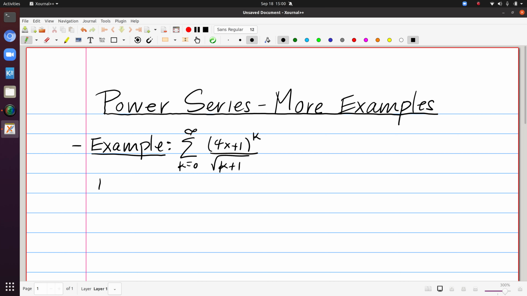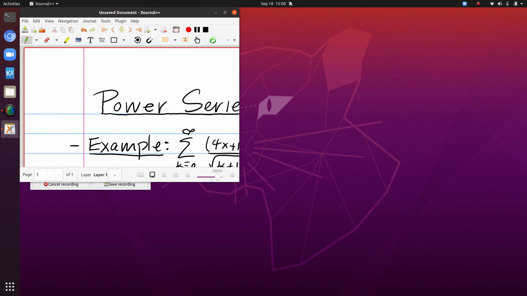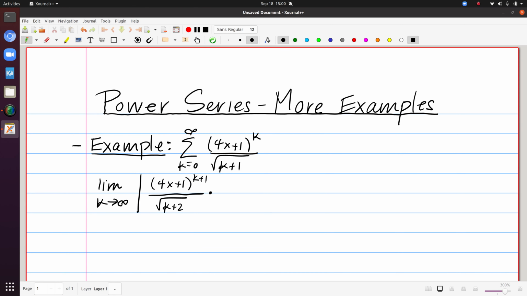So to begin, I would want to use the ratio test on this series. So I would take the limit as k approaches infinity of (4x plus 1) raised to the k plus first power divided by the square root of k plus 2. And then I would multiply by the reciprocal of the kth term, giving me square root of k plus 1 divided by (4x plus 1) raised to the k.